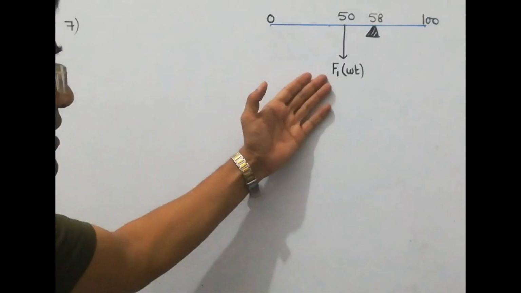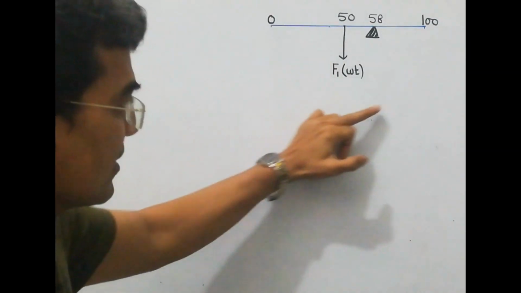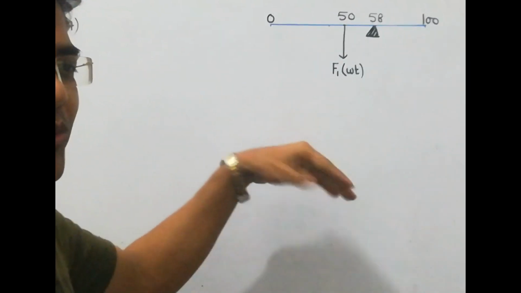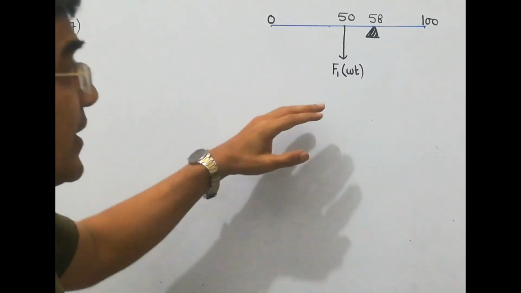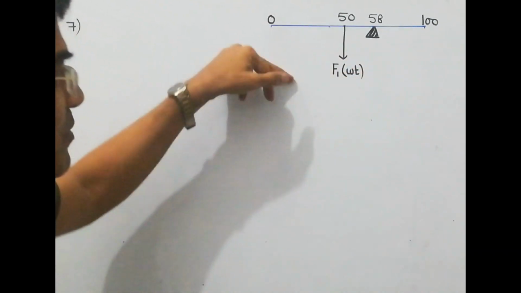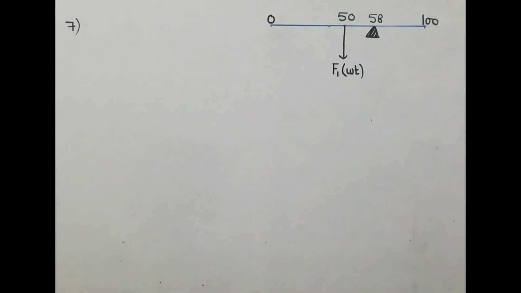So you can say this force is producing anti-clockwise moment. So to balance it, you need one more force that can produce a clockwise moment like this, to balance the anti-clockwise moment. Is this clear to you?